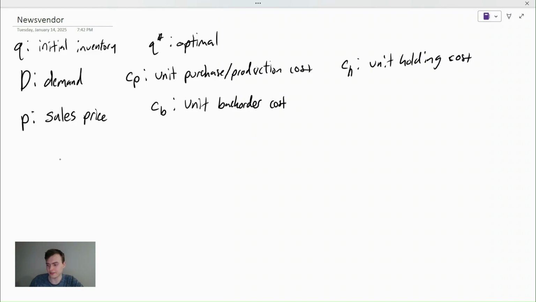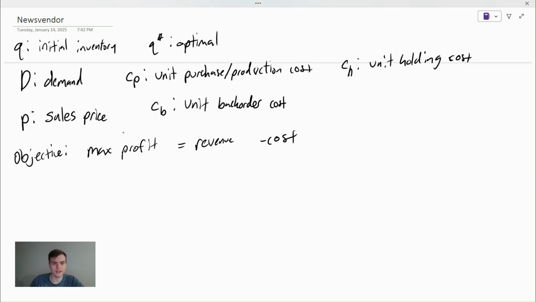And so our objective is how we're going to decide this decision Q, our decision variable. So our objective is to maximize profit, which equals revenue minus cost. And specifically, we can break cost into the different components.